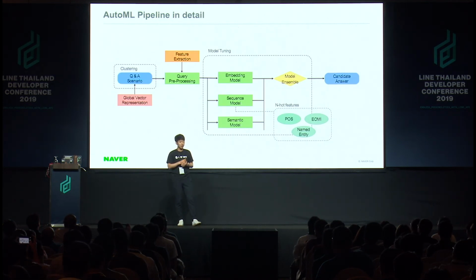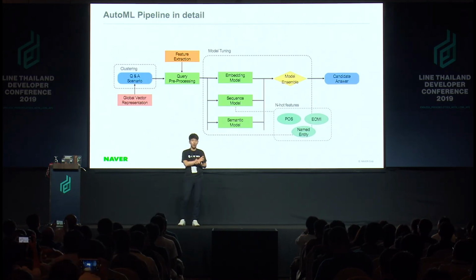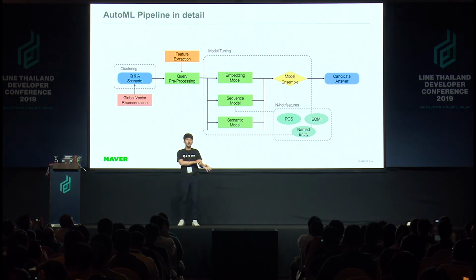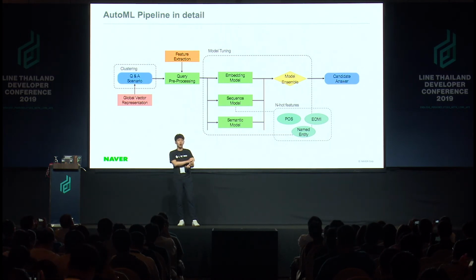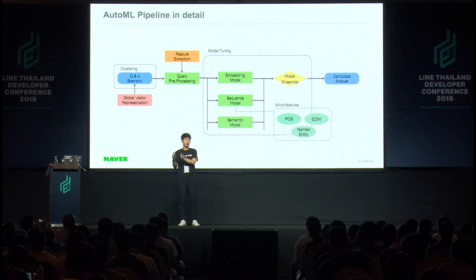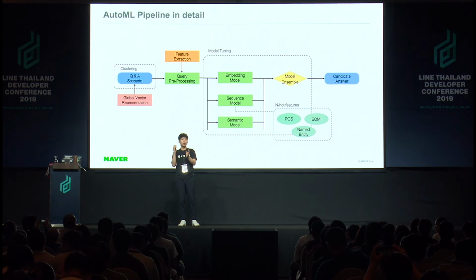Here it is in detail. A scenario comes in. We cluster with our clustering algorithm to find which query should be placed in which scenario. We let the model decide which query is placed in which scenario. We do not let humans decide to put a query into a conversation.